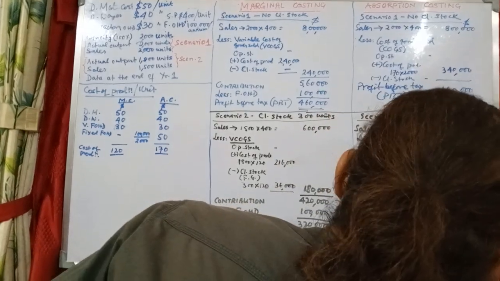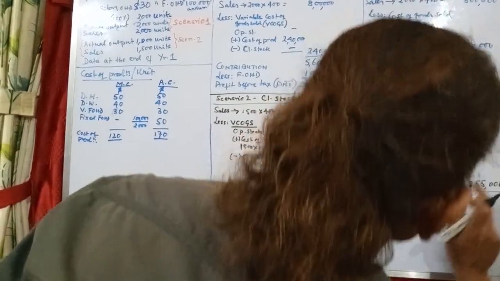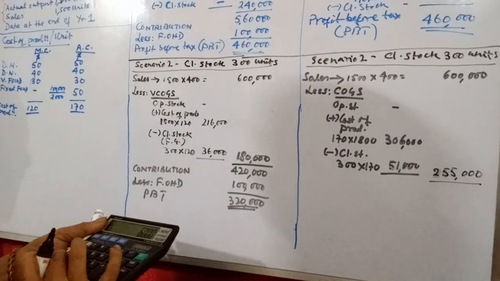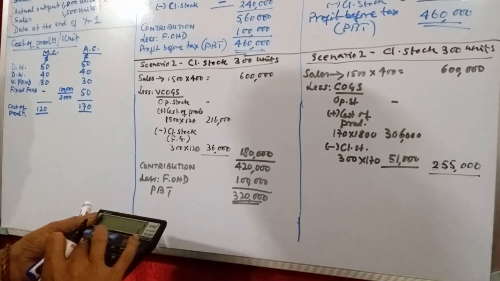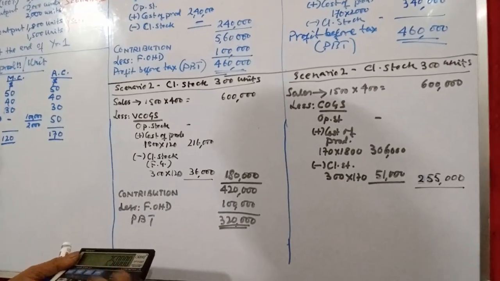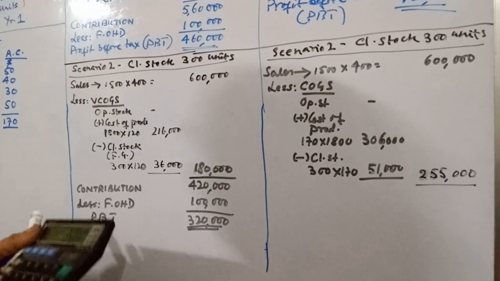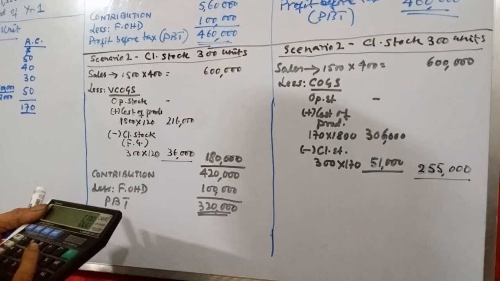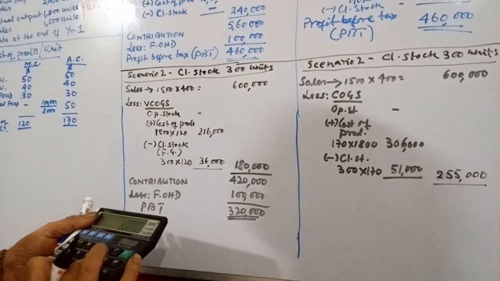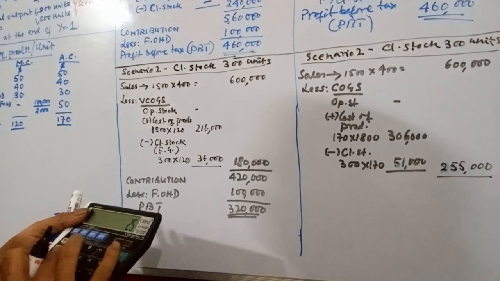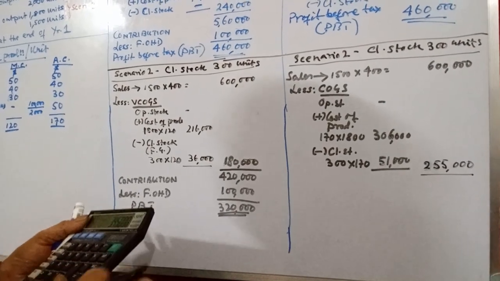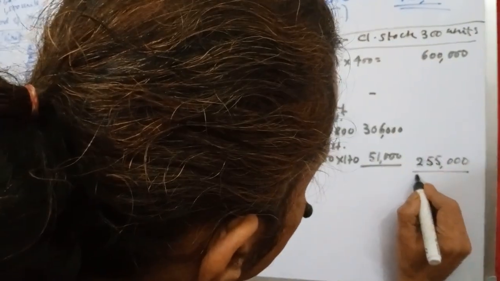So we get how much? 600,000 minus 250, that is, we get 600,000 minus 255,000, 345,000.